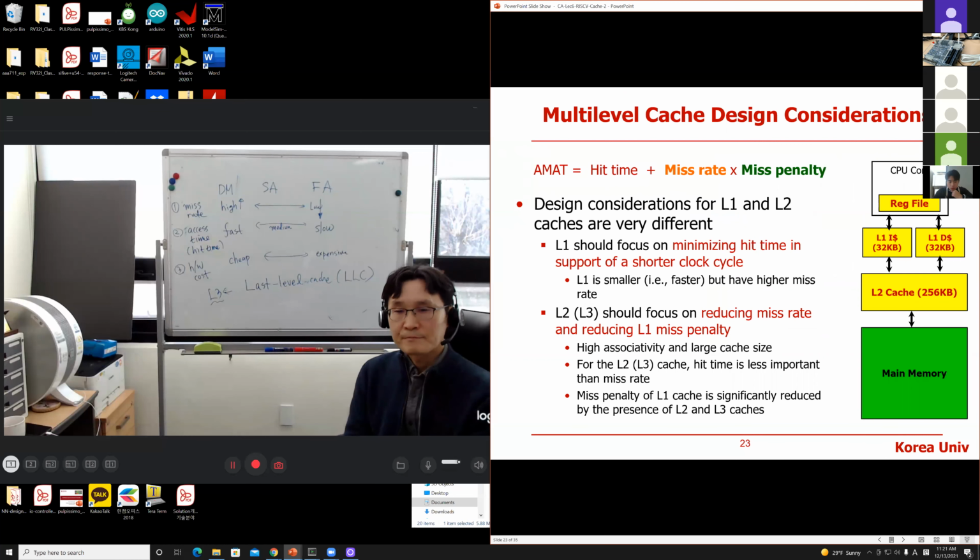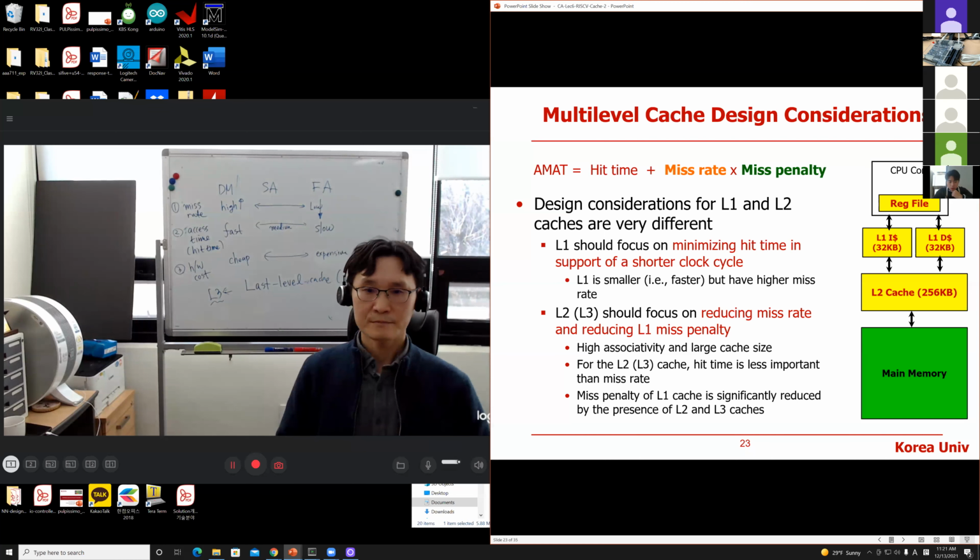Multi-level cache design considerations. AMAT equals hit time plus miss rate times miss penalty. Design considerations for L1 and L2 caches are very different. L1 should focus on minimizing hit time in support of a shorter clock cycle. L1 is smaller and faster, but has a higher miss rate.